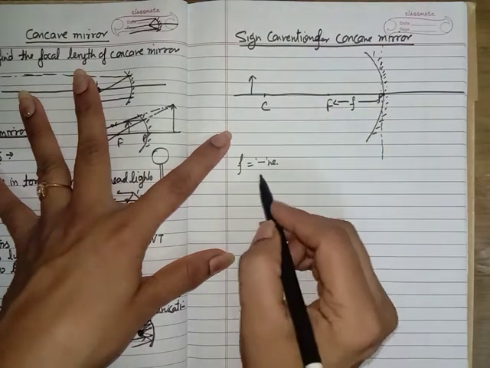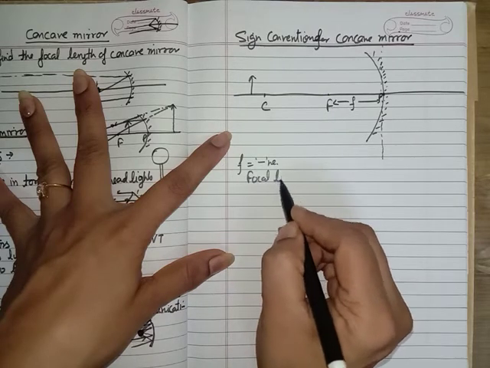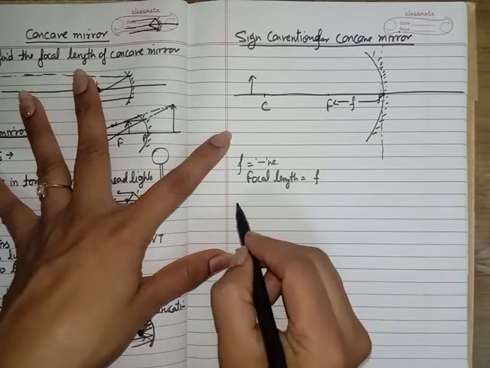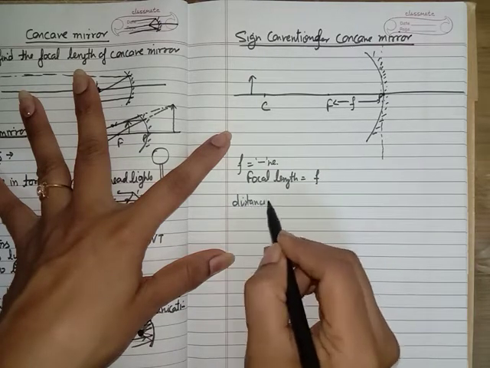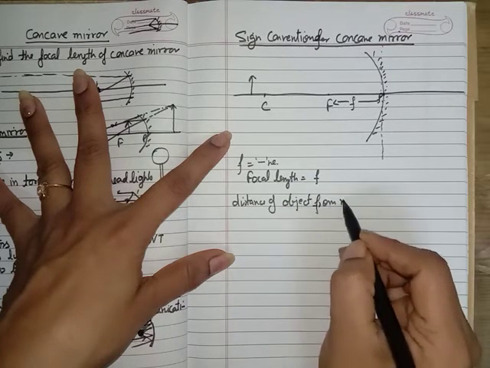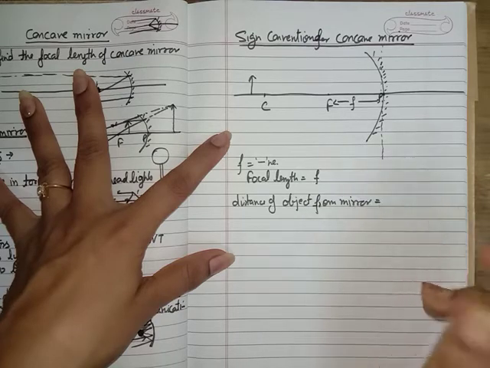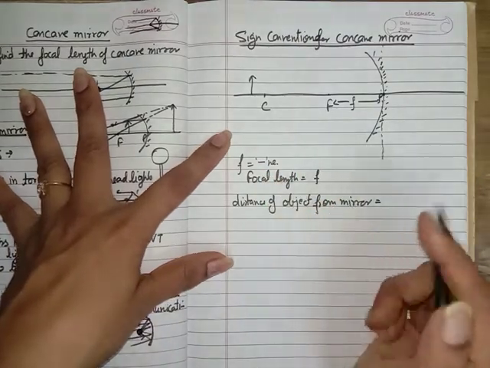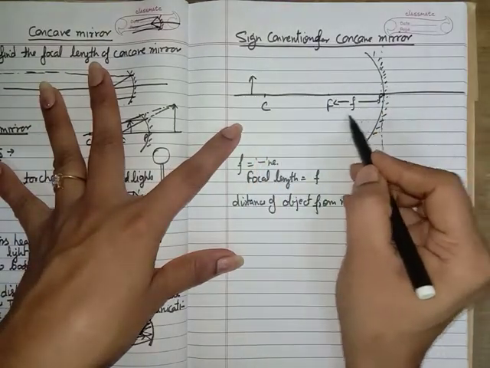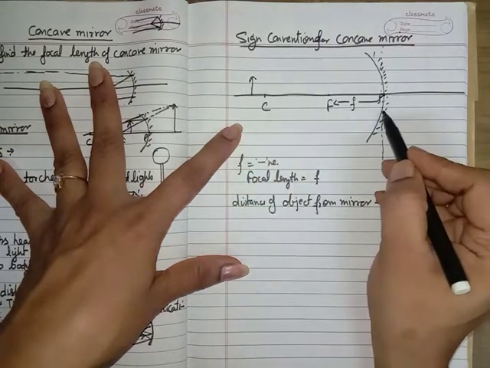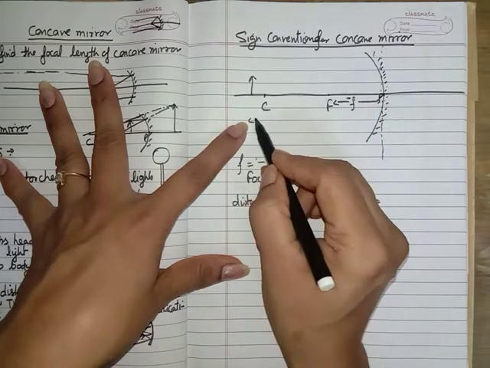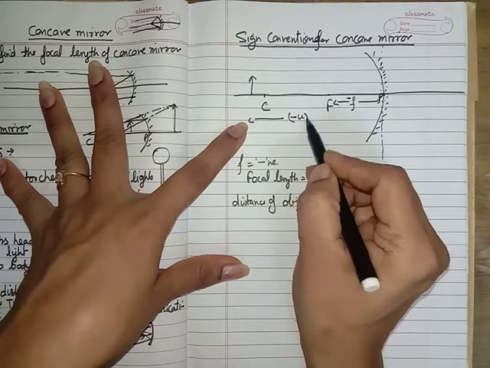So first you have to write that the focal length is represented by the symbol f, and the distance of the object from the mirror is represented by the symbol small u. Now you are finding the distance of the object from the pole in the left direction, so this should have a negative sign. It means f is negative, and we can say u is also negative.